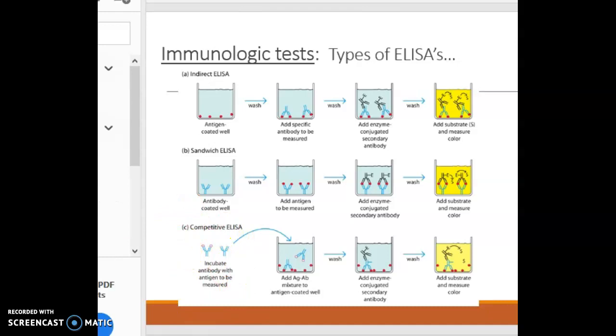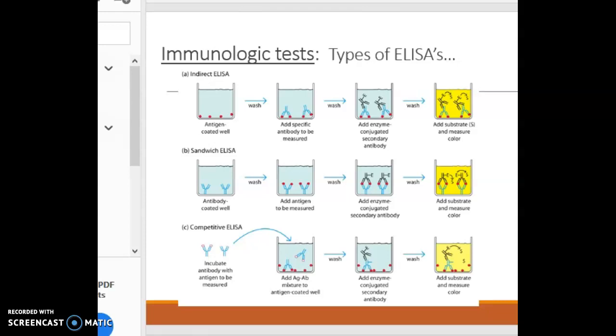After that, the antigen-antibody mixture is added to an antigen-coated microtiter well. The more antigen present in the sample, the less free antibody will be available to bind to the antigen-coated well.